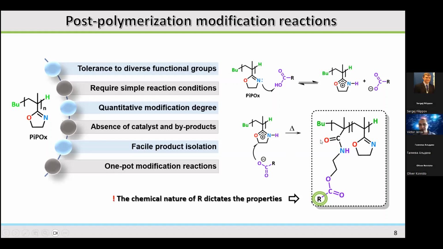As you can see, upon the ring opening of the oxazoline ring, you have the formation of an ester amide structure, which you will see further in the presentation, how we try to use this structure to synthesize degradable materials and other types of materials.